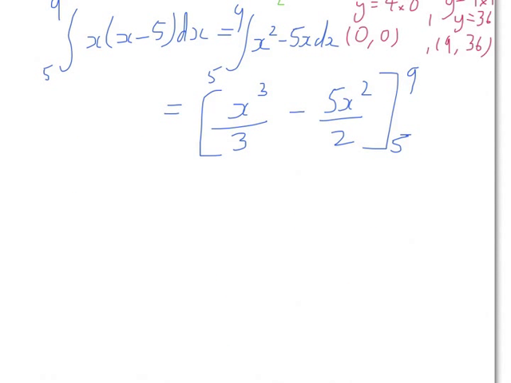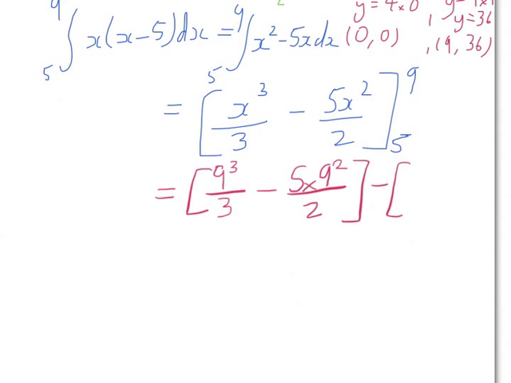We now substitute in our values. We're going to have 9 cubed divided by 3 minus 5 times 9 squared divided by 2, minus 5 cubed divided by 3 minus 5 times 5 squared divided by 2.